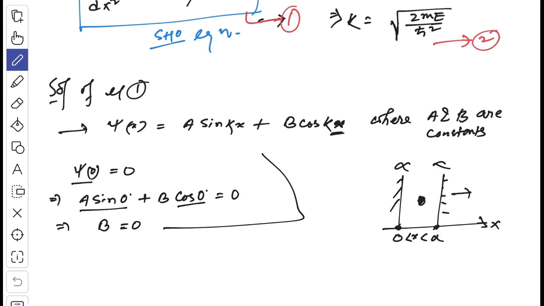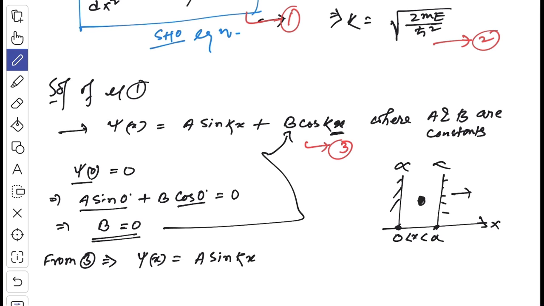Now let us put this value here. Let this be equation number 3. From equation number 3, after putting this value of B, we get psi of x is equal to A sine kx.